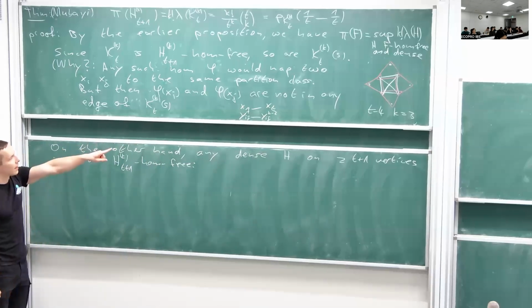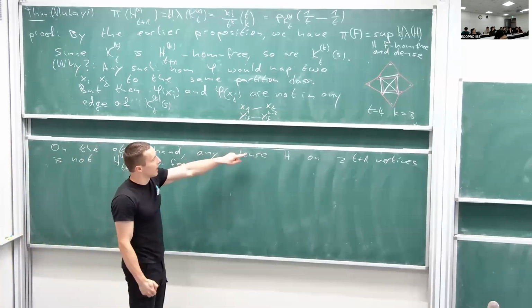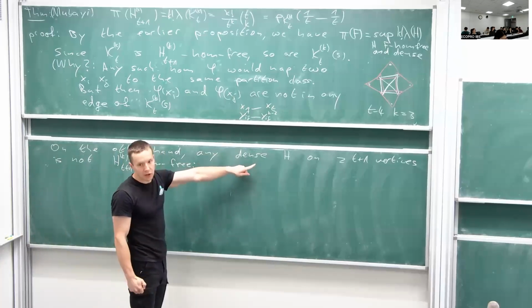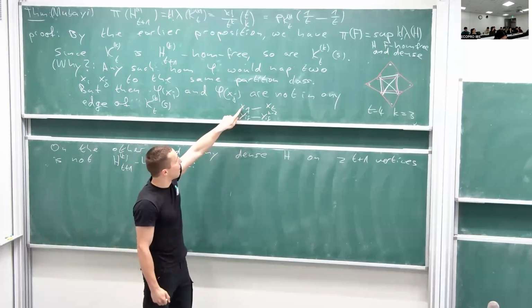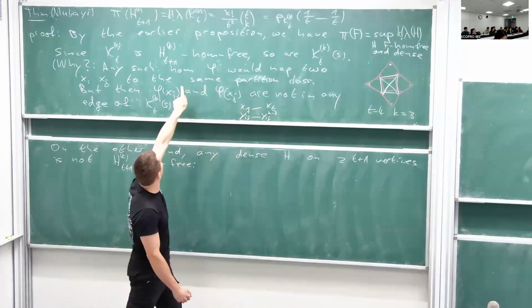So when we're dense, we know that any two vertices are contained in an edge together. So we just embed these, which are for us now t+1, right?